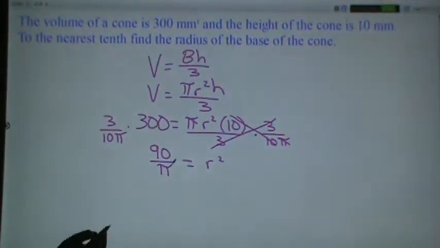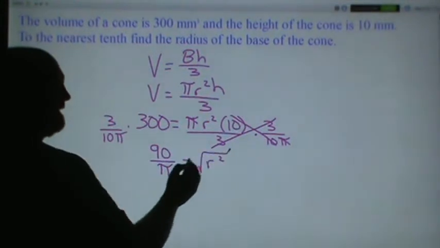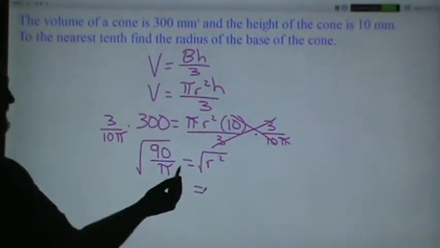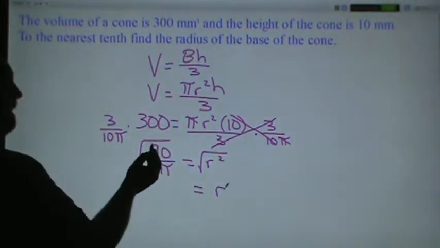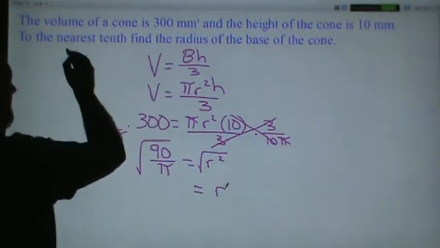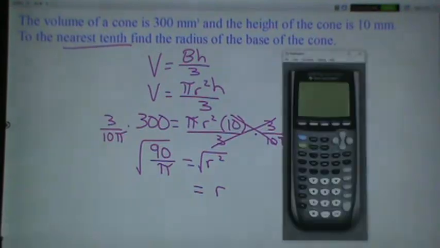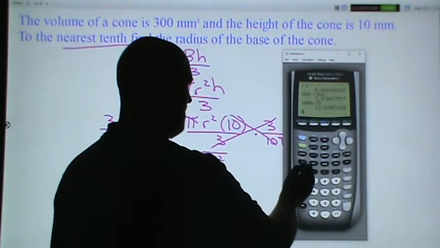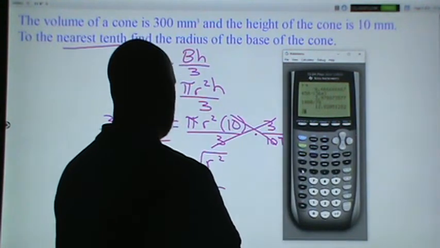I'm going to take the square root of both sides, and I only need the positive version of the root, the principal square root, because radius has to be positive. They told me to write my answer to the nearest tenth, so I'm going to put this in my calculator. I'll press second x squared to get the square root.